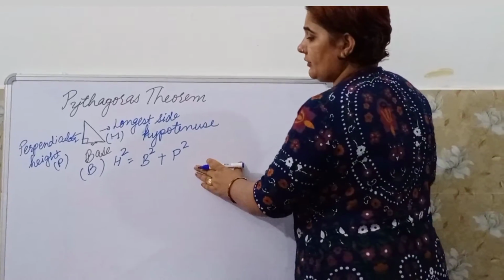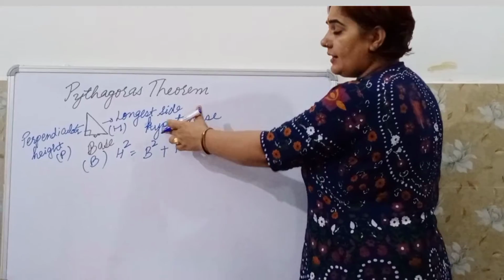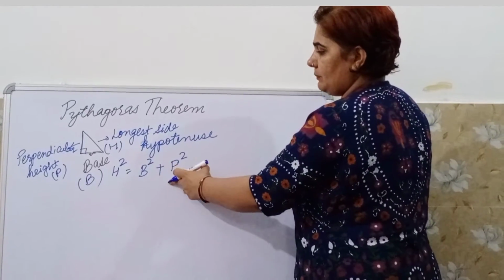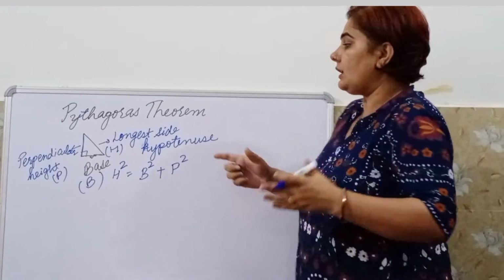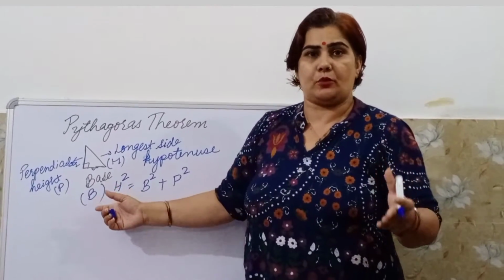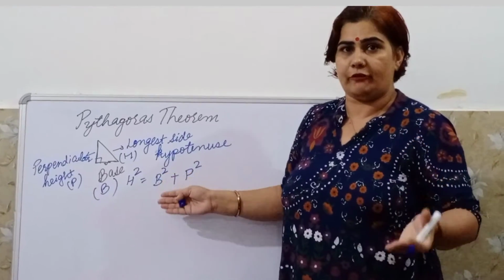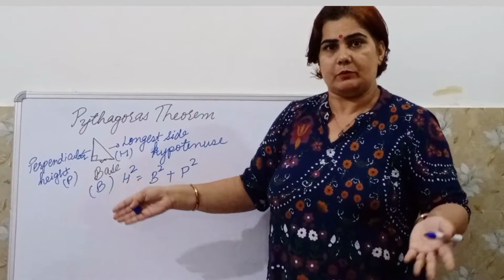The Pythagoras theorem says that the square of the longest side is equal to the square of base plus the square of the perpendicular. Or you can say the square of hypotenuse is equal to the sum of squares of the other two sides, perpendicular and base.